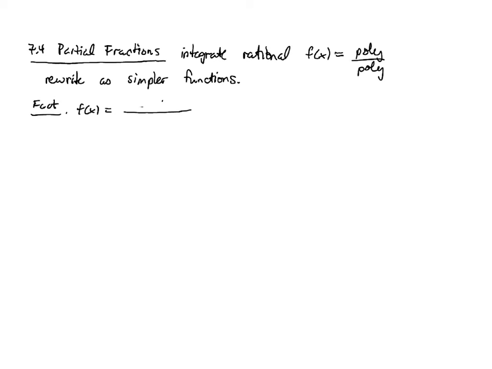So the denominator I'm going to have be of the form ax plus b times cx plus d. And this is where a and c are non-zero and neither of the denominator factors is a multiple of the other.